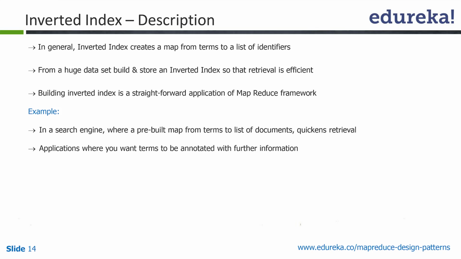The examples where inverted indexes are used are, of course, the search engine, which everybody knows about. There the inverted index helps in quicker retrieval of whatever search terms you have searched on. The other one is applications where you want terms to be annotated with further information. I'm not sure how many of you are familiar with text analytics. In text analytics we do a lot of annotations. There are a lot of algorithms where we try to figure out what this piece of data actually means.